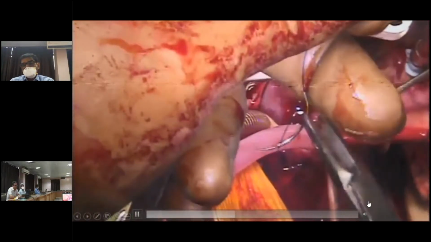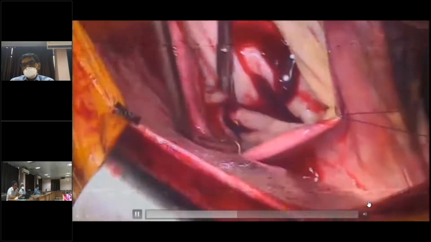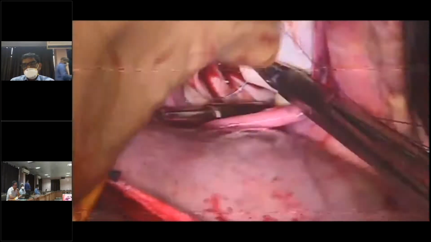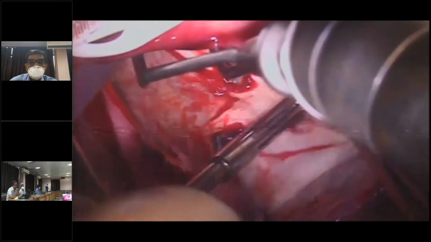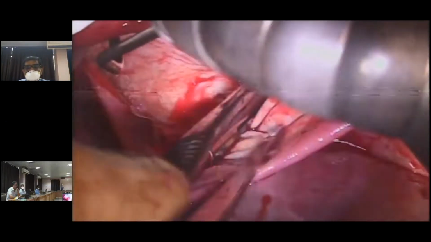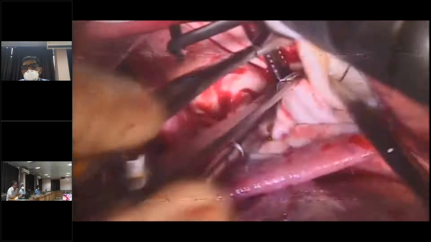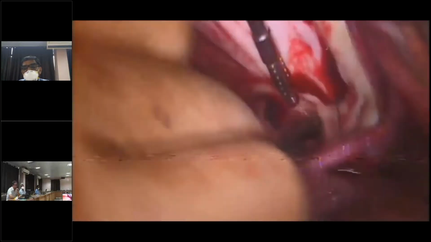Then this is the starting of plication of left atrial wall. We use the method of plication because of thinness of the wall and the ease of doing this procedure, as well as this is the way we plicate. We take 2 or 3 stitches till the pulmonary artery of the both the sides come close to each other, and this amount of wall is plicated.